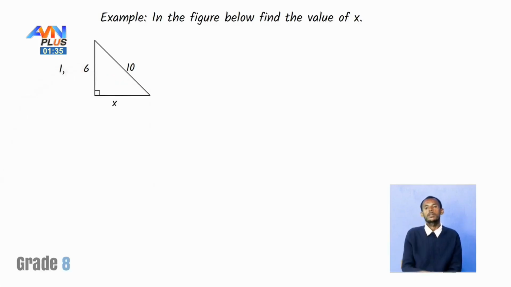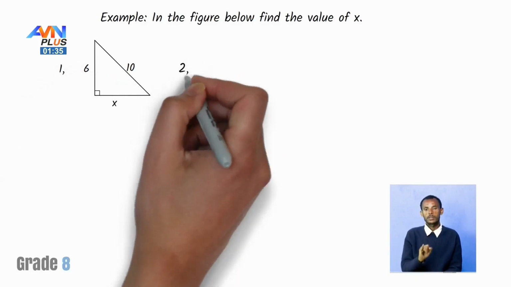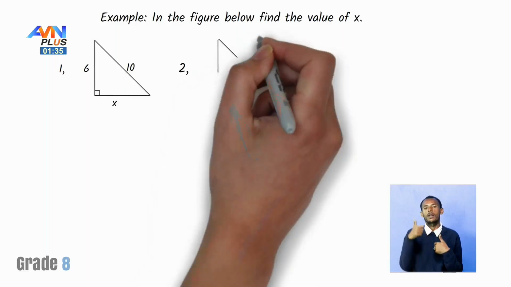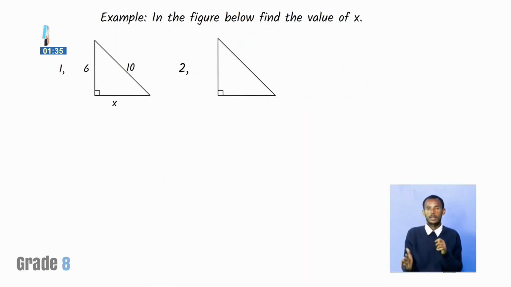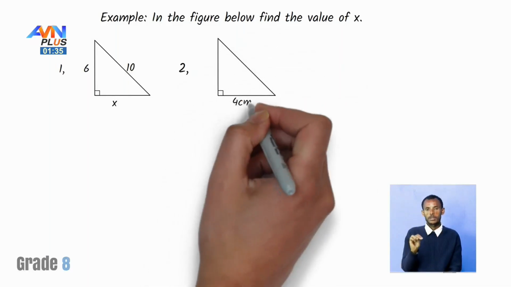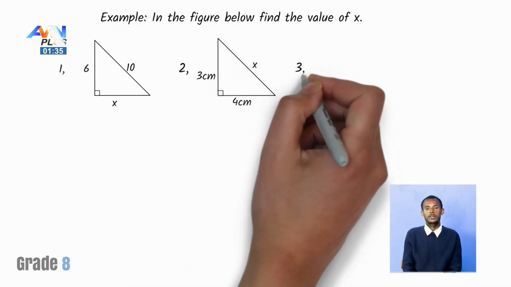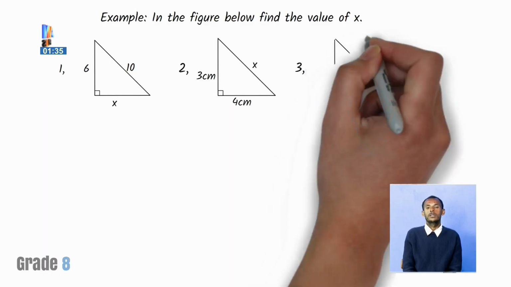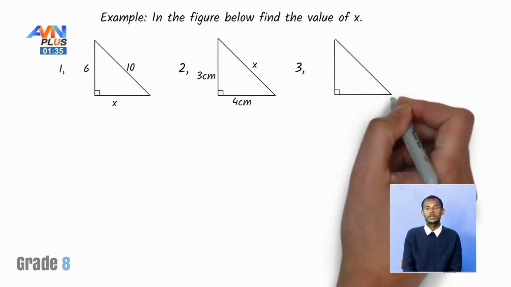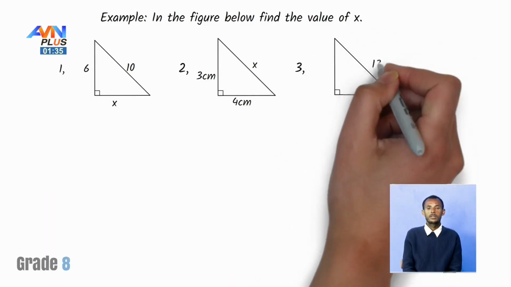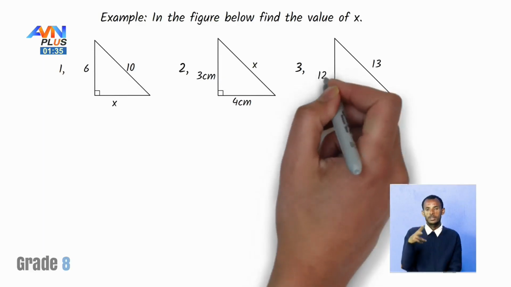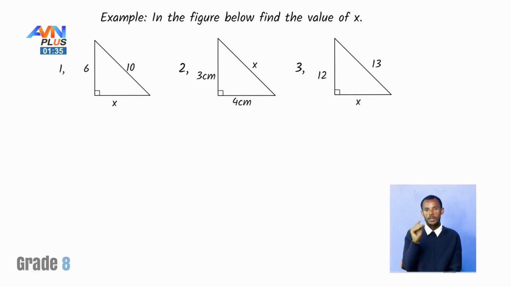The other one is, assume we have a triangle with side lengths 4 centimeter, 3 centimeter, and x. And the third one is, say this is 13, this is 12, and this is x.